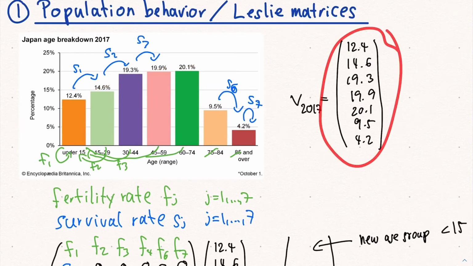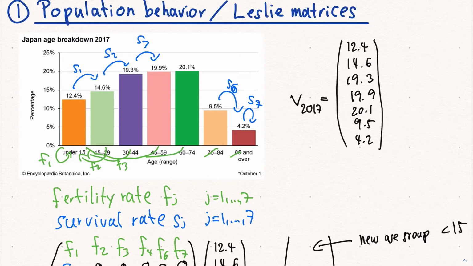But if this is not an eigenvector, and I multiply with this matrix, then maybe the shape of this graph changes, and maybe after 20 years I will have a lot of young people, because maybe the fertility rate is quite high.